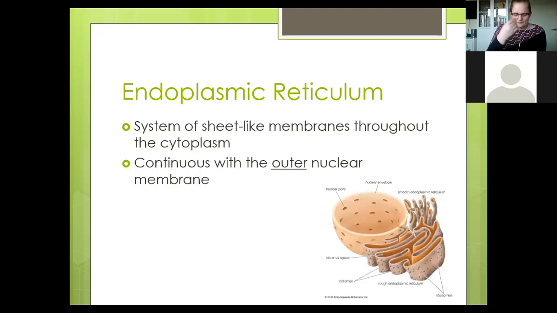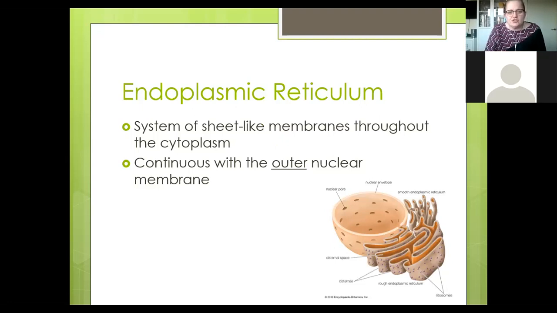And then we go on to the endoplasmic reticulum. Now, this is one that you probably won't have heard of really at all. When we look at it on that image there, as you can see, it's joined to the nucleus.